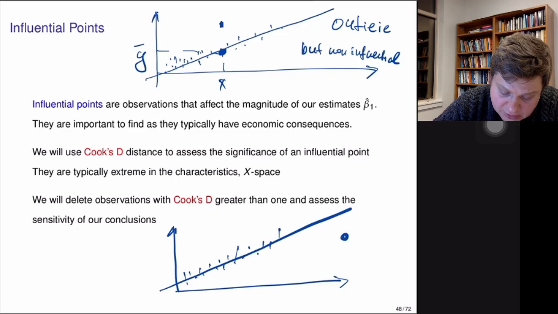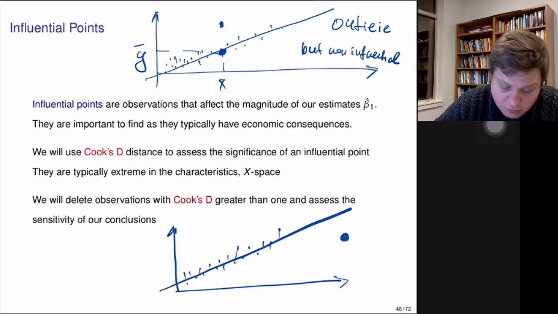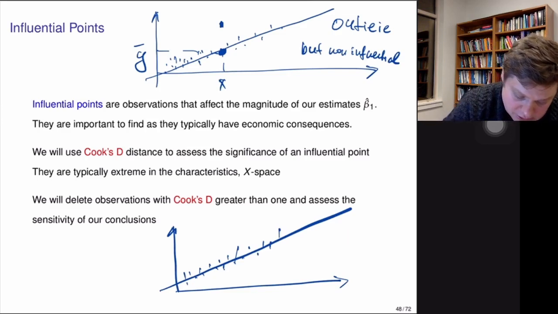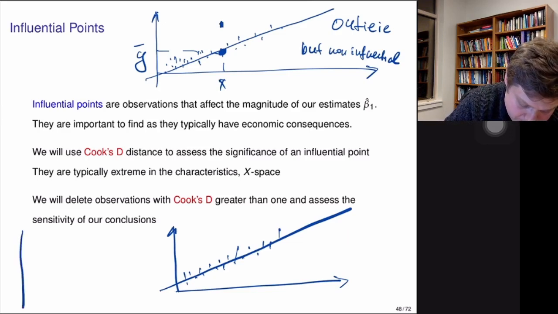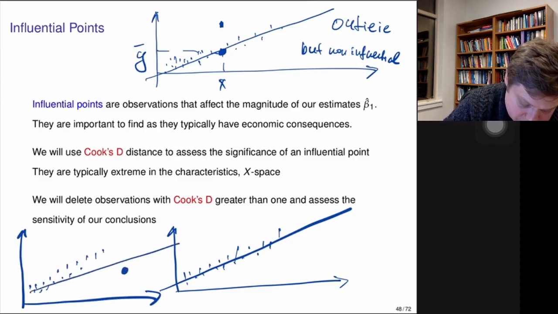This point here will be an influential point, because if you remove it, the fit will look different. It's the same data set, but we just add this influential point here, so the line will be something like this.